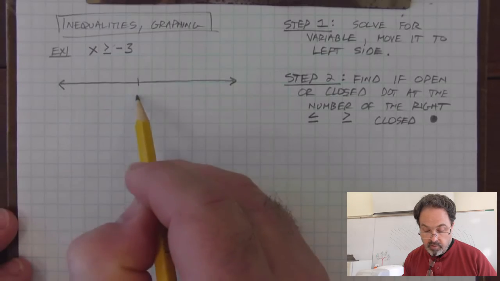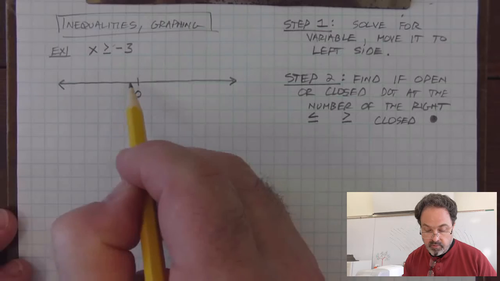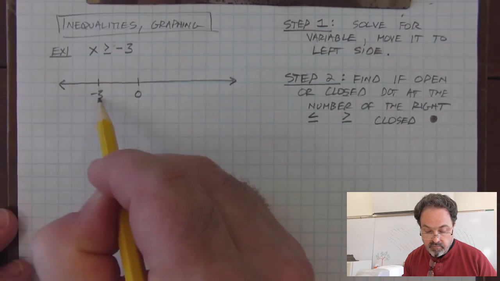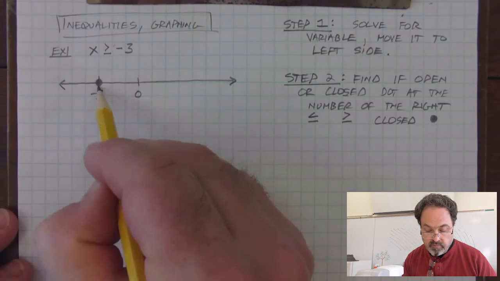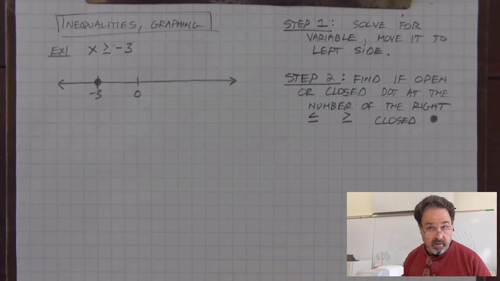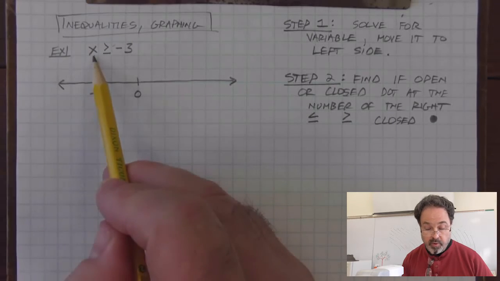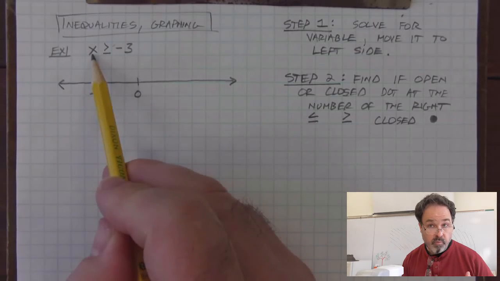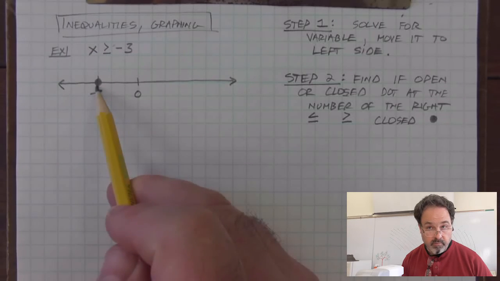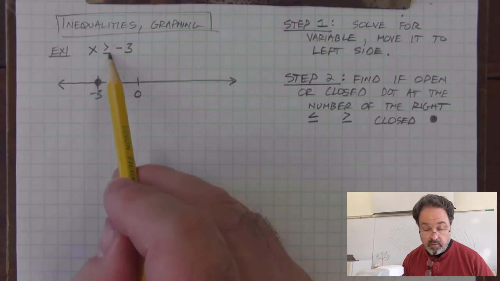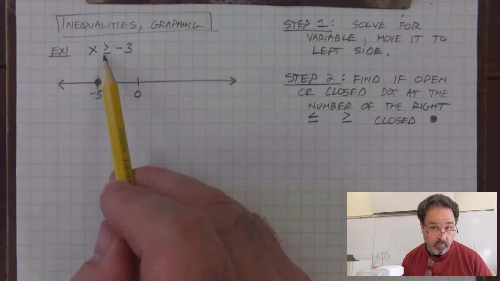So if we have our number line and our origin 0 is labeled, -3 is here, we're going to put a closed dot on -3 because it's possible to be at -3. We can be equal to -3. Part of the solution, part of the values that x can be, includes -3 because the symbol includes this little line at the bottom, which means also equal to.